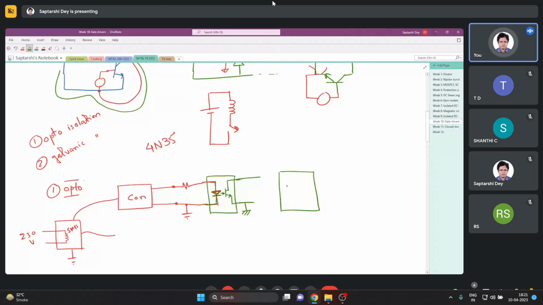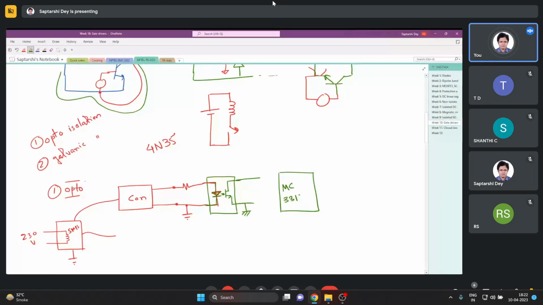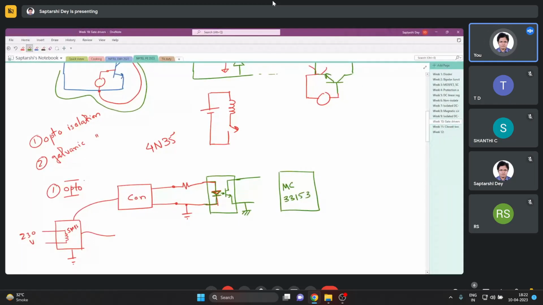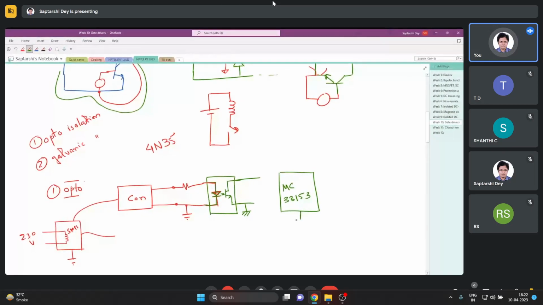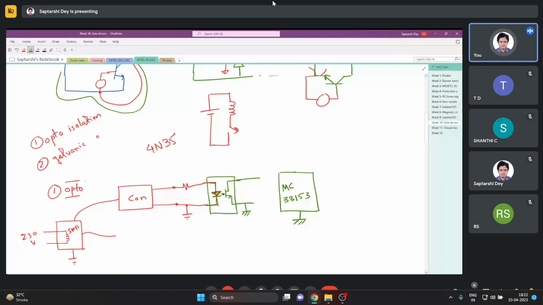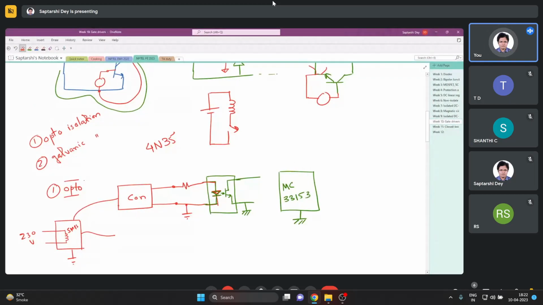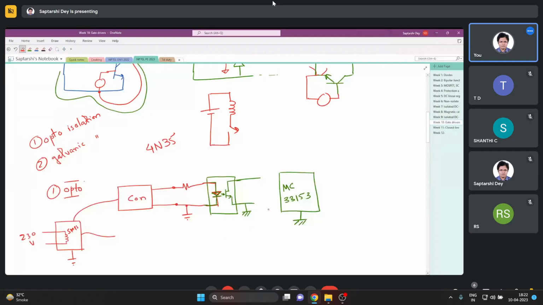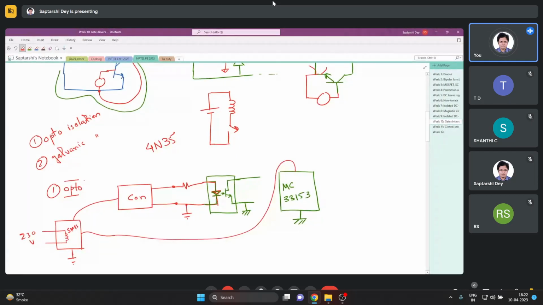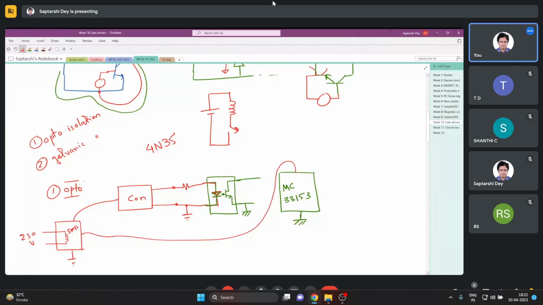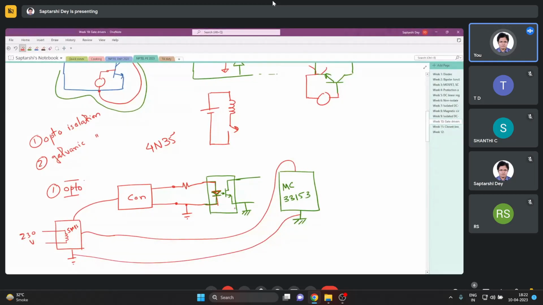This can be a driver IC. For example, I used to use this one sometime back, 13315. These are MOSFET half-bridge driver ICs. But this requires some power, and I cannot connect it here, because if I connect it here, I have to connect the ground also, and if I do that, my isolation is lost. Whatever isolation I got through the optocoupler is lost.